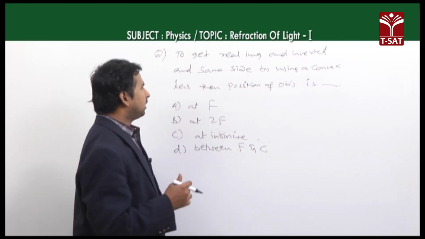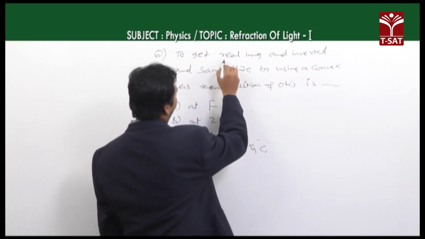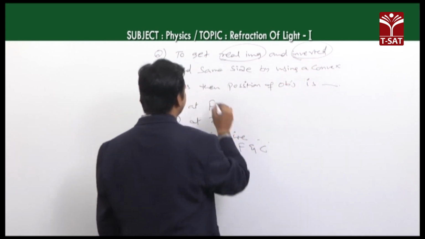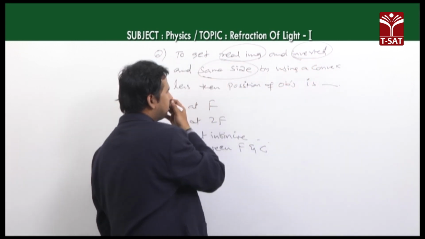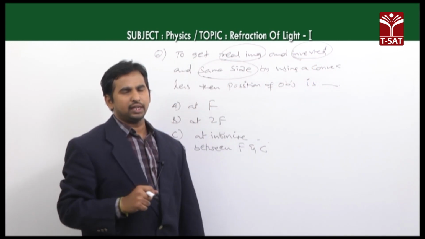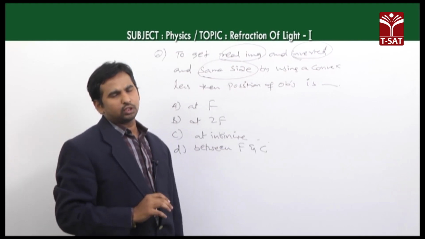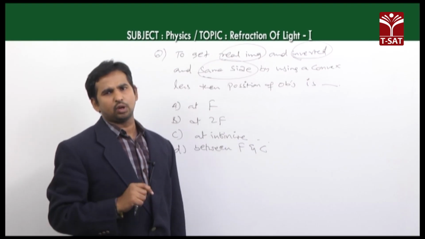Now, three important characteristics are given: real image, inverted image, and of the same size. If you want to get a real and inverted image, in a convex lens, other than between focus and optic center, in all cases it forms a real image.